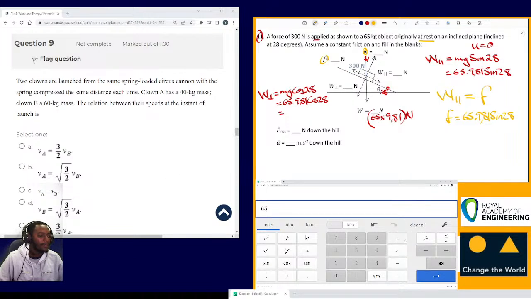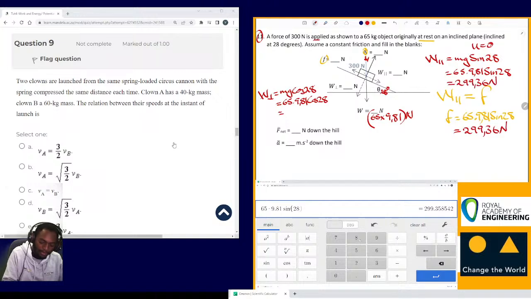That's 65 times 9.81 sine 28, so we get 299.36 newtons, which is the same as 299.36 newtons.